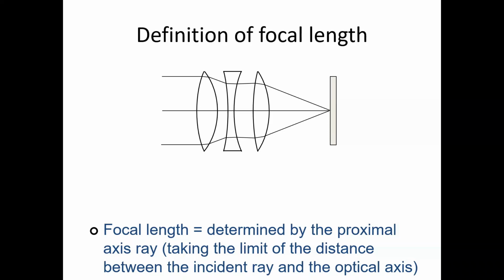So the choice is when you buy the lens, maybe at the camera shop, you have to choose the focal length of the lens when you buy it. Then there is what's called a zoom lens.